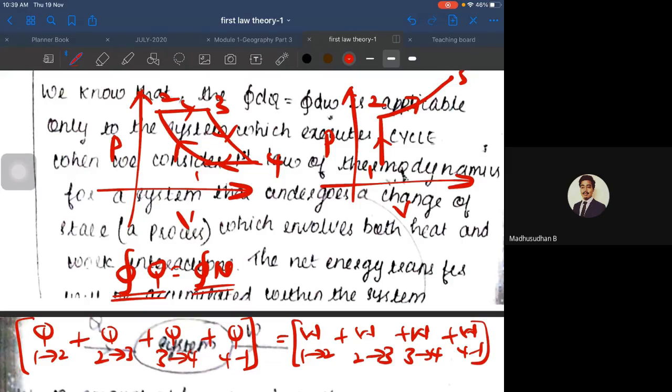So this whole summation will be equal to this particular summation when you apply it for a whole cycle.